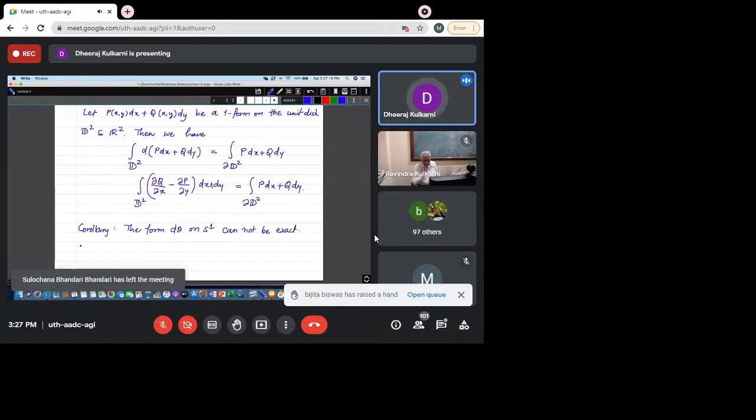How do we prove this? It's a very nice simple proof. Suppose it is exact. Suppose d theta is equal to df for some f in C infinity, that is, a smooth function on S1.